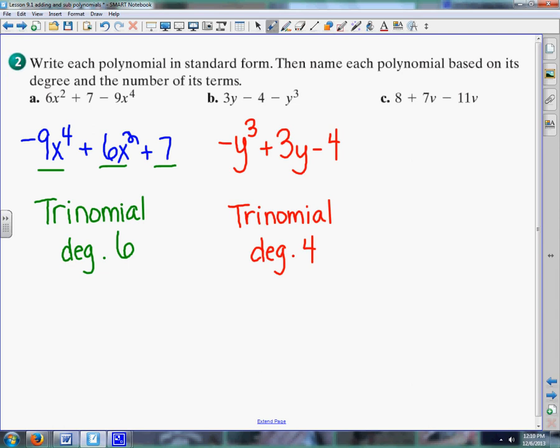This one, first I'm going to do 7v minus 11v because those are like terms, so I can combine them. So that would be negative 4v plus 8. So this is a binomial, and it has a degree of 1 because of the v to the 1st power.